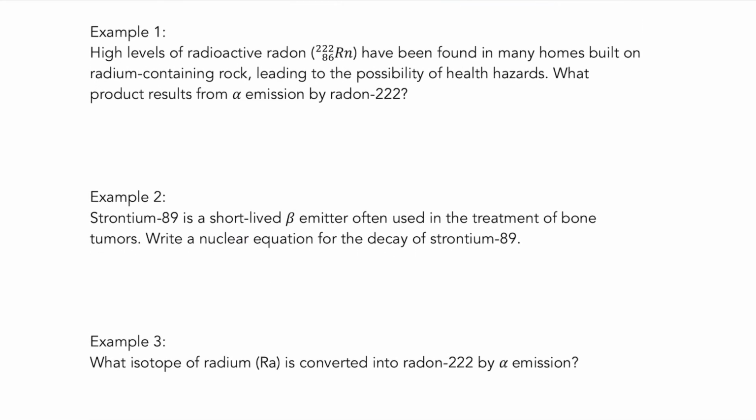So for example number 1, it says high levels of radioactive radon have been found in many homes built on radium-containing rock, leading to the possibility of health hazards. What product results from alpha emission by radon-222?